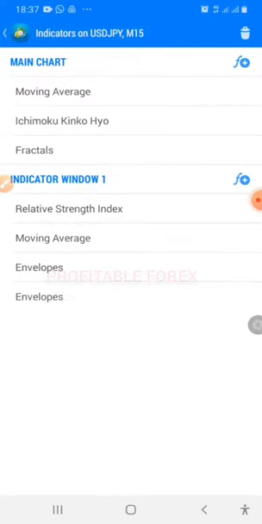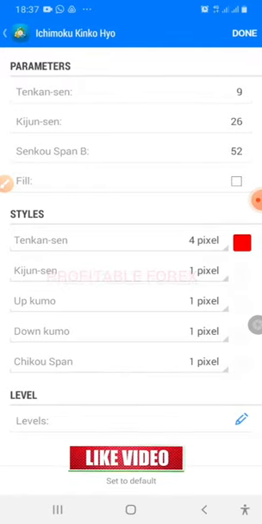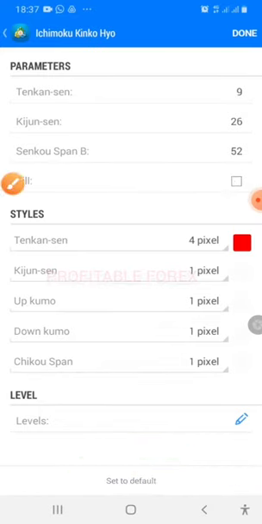And then we have the second indicator, which is your Ichimoku. We have the Tenkan-sen 9, the Kijun-sen 26, the Senkou Span B 52, and the fill. Do not take the fill, this square here, leave it blank, leave it empty.